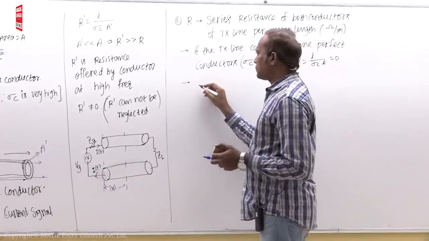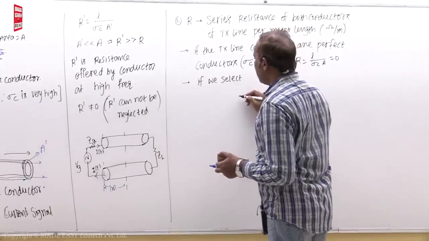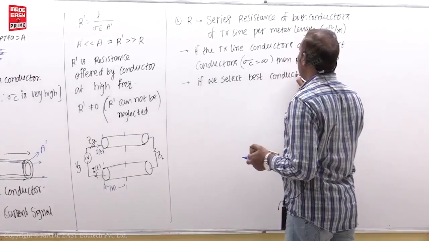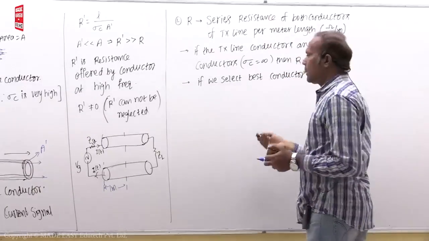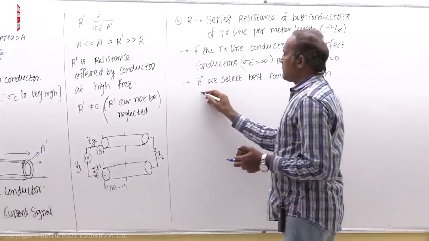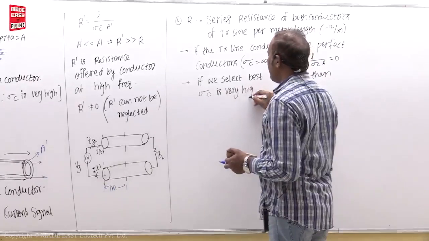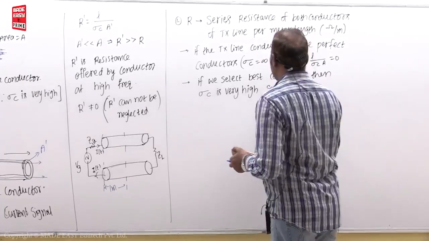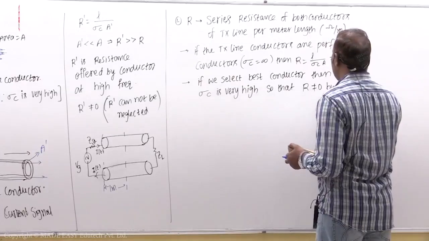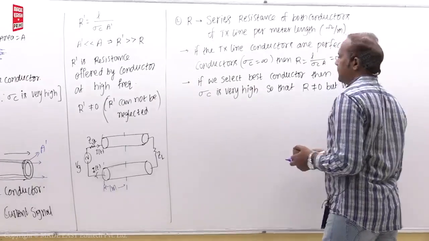So if we select the best conductor, that means the best available conductor in the market, then sigma c is very high, so that R is not 0, but very less.